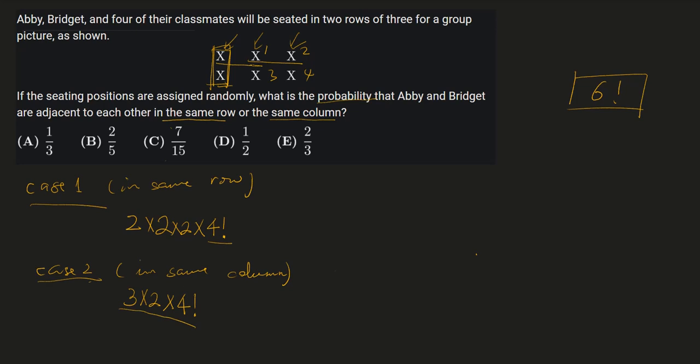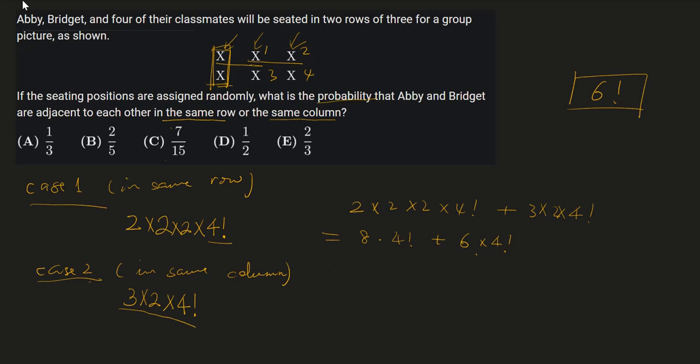Therefore, the number of cases in which Abby and Bridget sit next to each other equals 2 times 2 times 2 times 4 factorial plus 3 times 2 times 4 factorial. This equals 8 times 4 factorial plus 6 times 4 factorial. What we want to calculate is the probability.